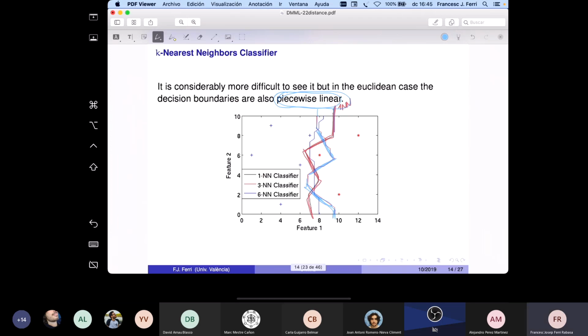And why is it piecewise linear? Well, it's piecewise linear because even though now we have a voting, the voting is done according to sets of points.